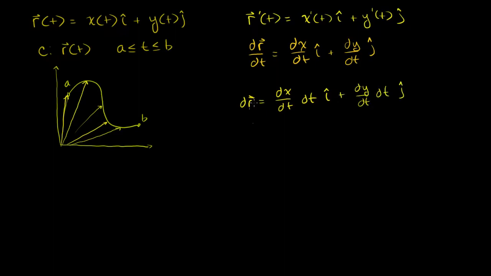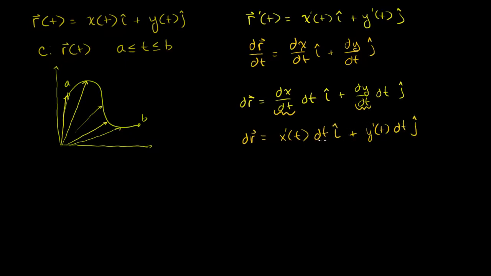Or we could rewrite this in all of the different ways that one can rewrite it. You could also write this as dr is equal to x prime of t dt times the unit vector i, plus y prime of t, that's just that right there, times dt times the unit vector j.